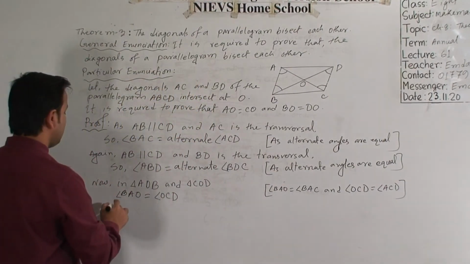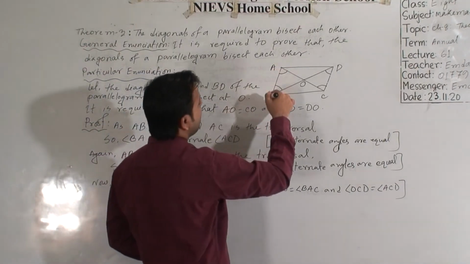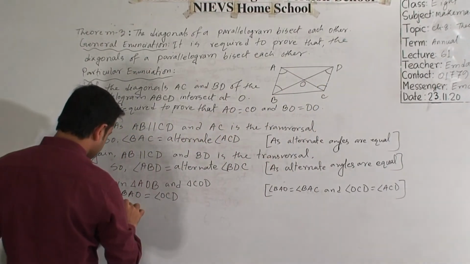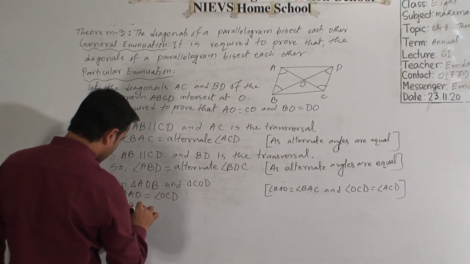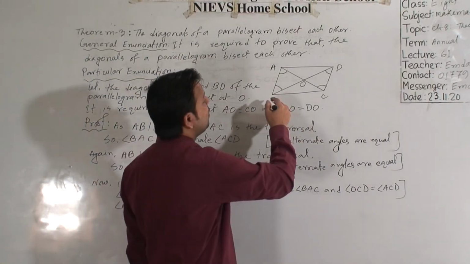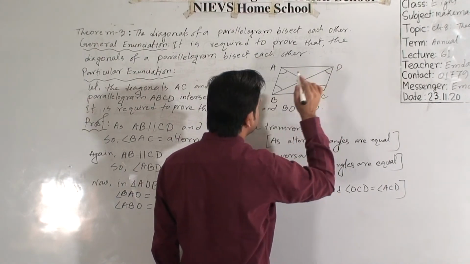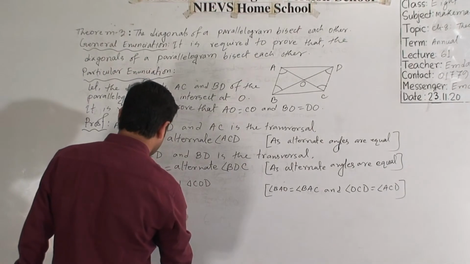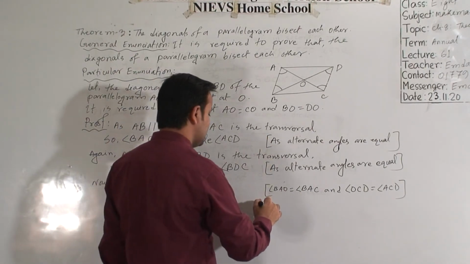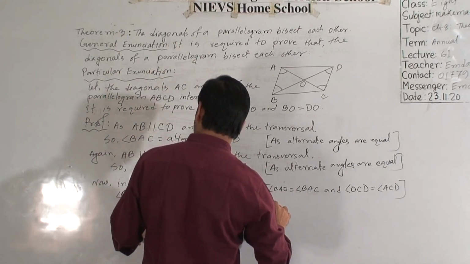Okay. Now we can write angle ABD. Angle ABD means ABO. We can write ABO equal to angle, we know BDC means ODC. So we can write here ODC.